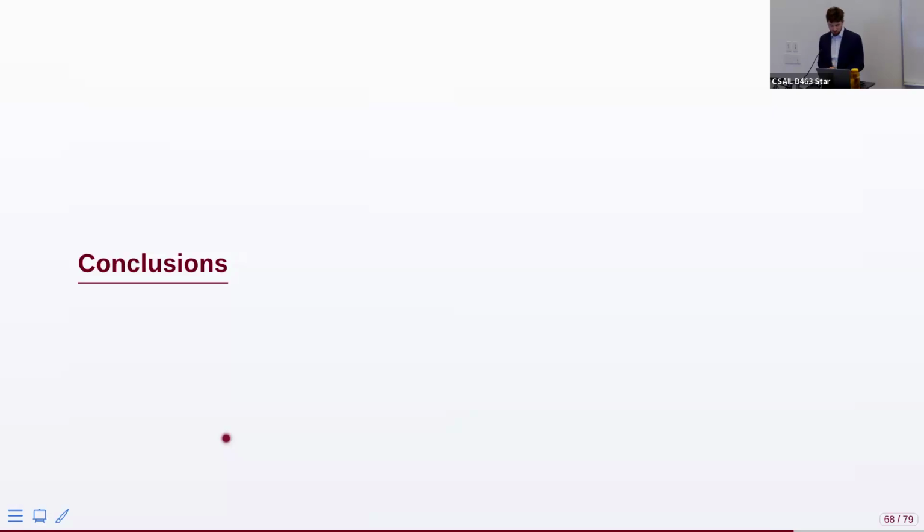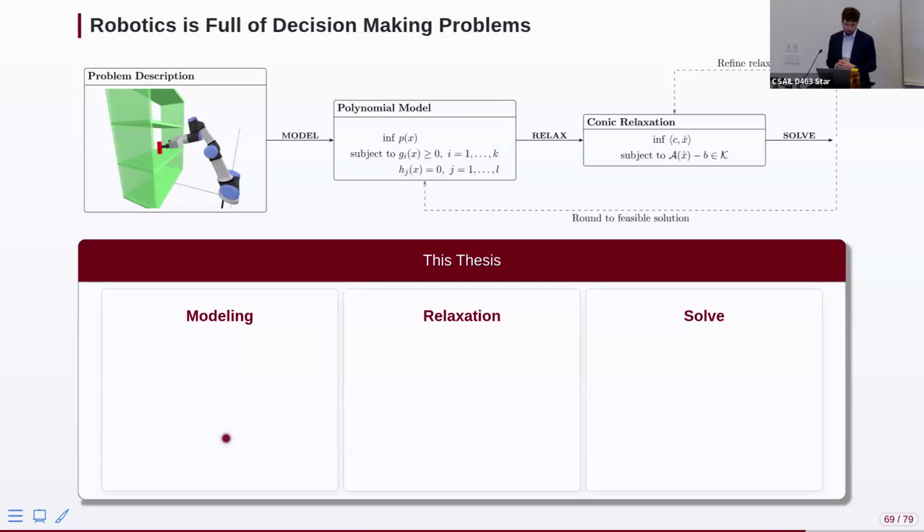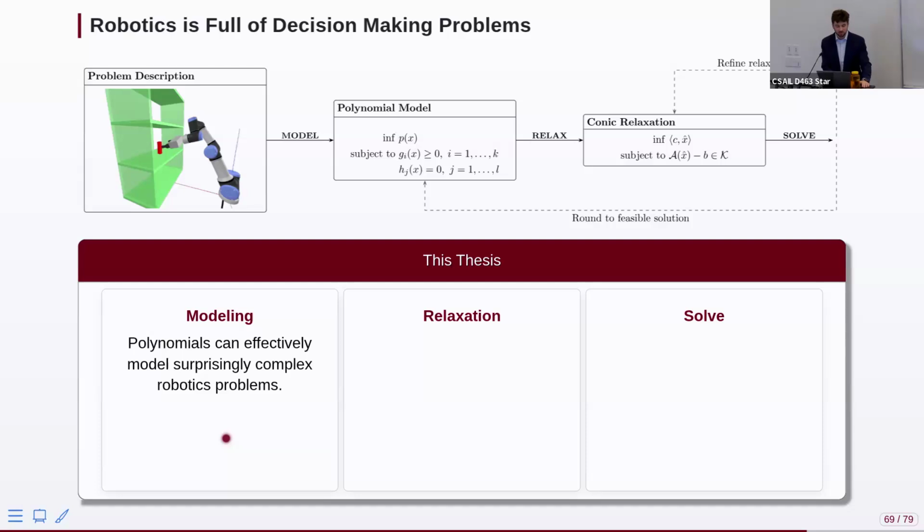So, some conclusions. This thesis really tries to go through the whole pipeline from high-level problem description to a polynomial model, to relaxations, and from relaxations to actual solving techniques. What I tried to argue is that polynomials can effectively model surprisingly complex robotics problems.